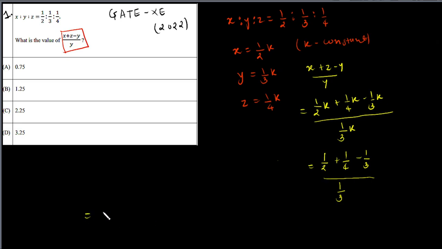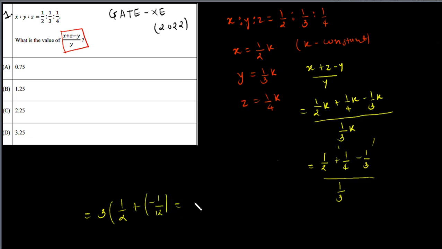Let's write it here: 3 multiplied by (1/2 + ...). Now let's subtract the last two terms, which gives minus 1/12.